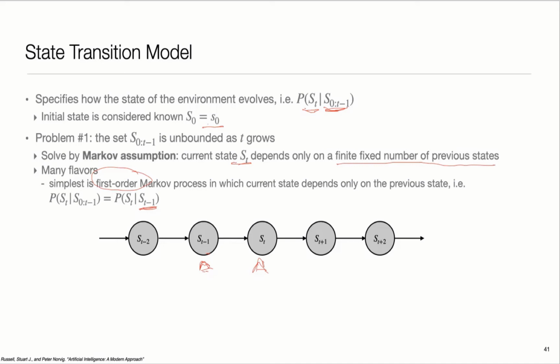Is there a way to convert it so that S of t depends only on the preceding state? We could multiply the probabilities using Bayes theorem. No, you can multiply, but you will still be dependent on the previous ones. Yeah, someone else was saying something.